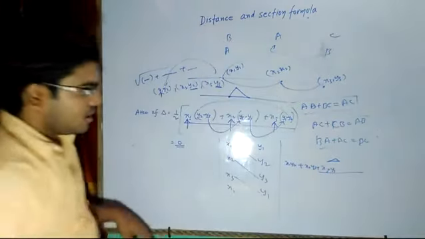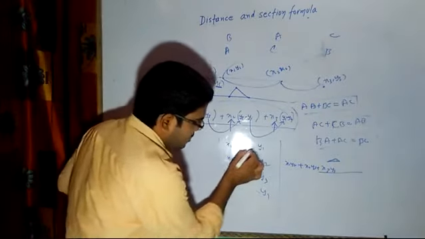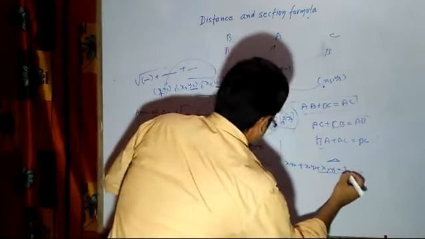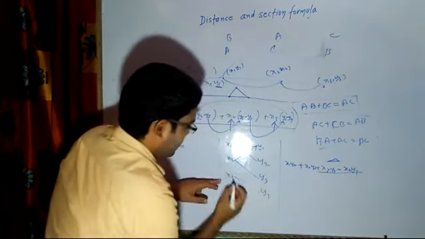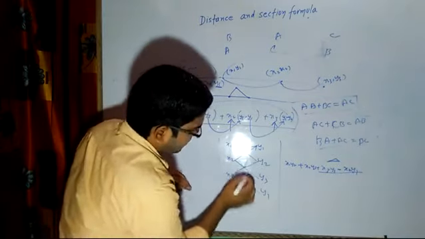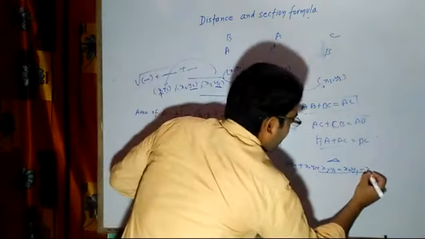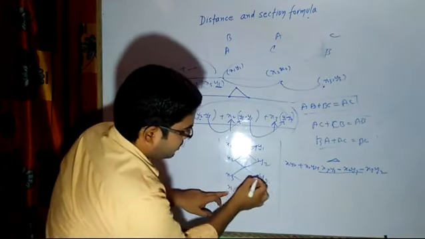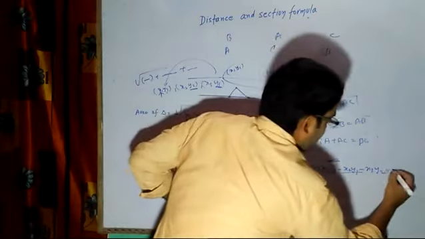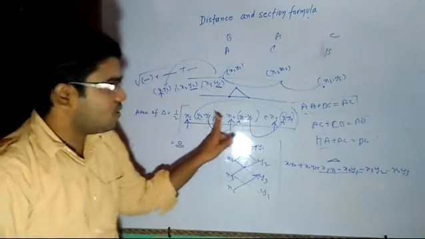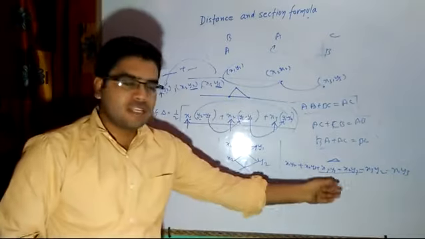After this much calculation, going from down to up, you have to subtract x2 y1. Then again subtract x3 y2, and then again subtract x1 y3. So this is the entire formula. If you open this bracket, you will get these terms only.